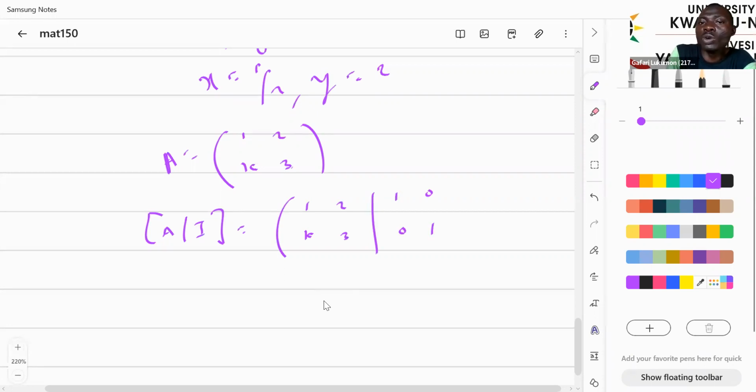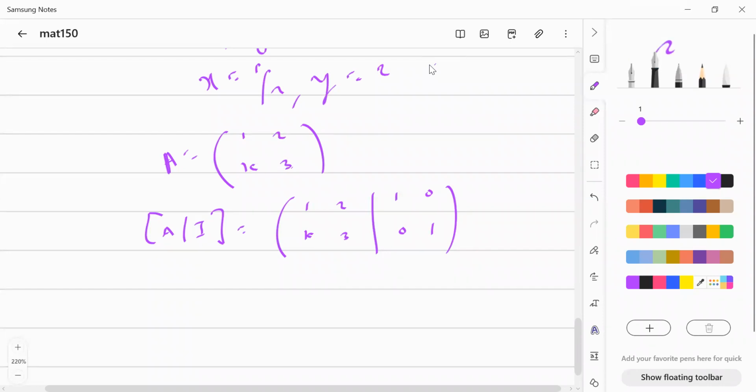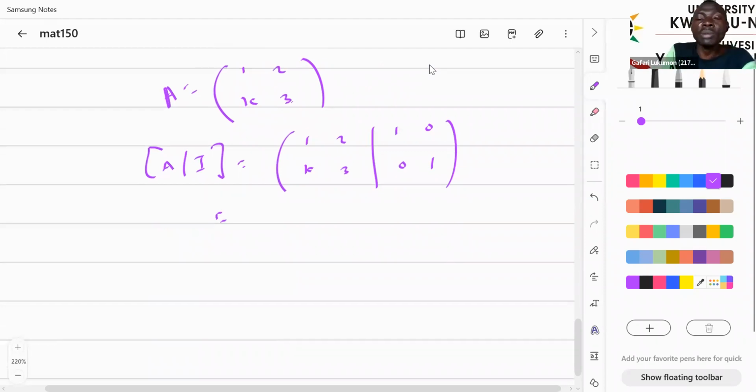If you don't want to stress yourself, you can reduce this to echelon form, and you must not have a zero row there. So let's see if we can reduce this further. We have 1, 2 here already.